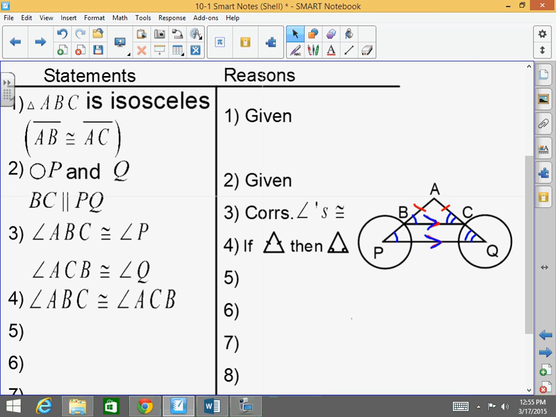So now pay attention, guys. If we've got angle ABC is congruent to APQ, and angle ACB is congruent to AQP, and we have that angle ABC is congruent to ACB, then what does that tell you? What can I determine there using a little transitive property?